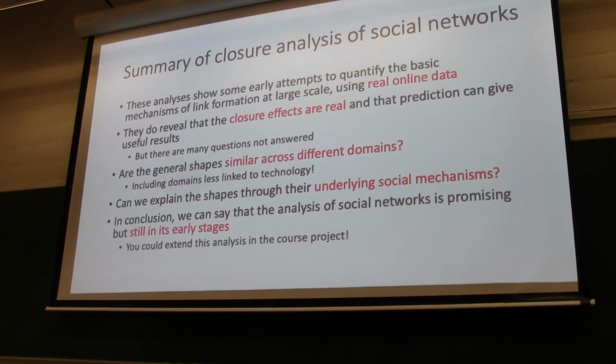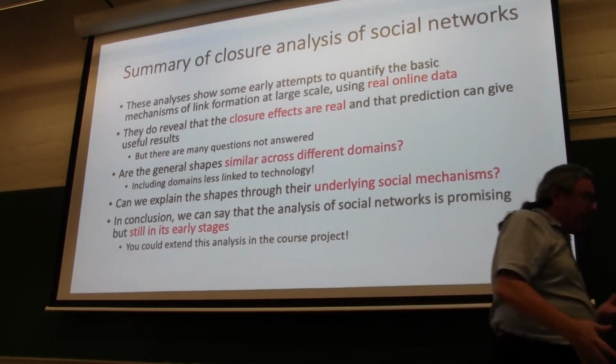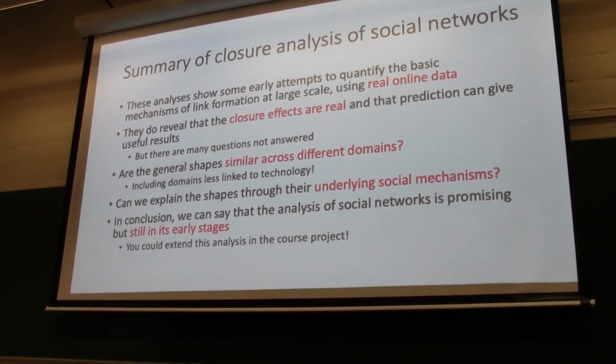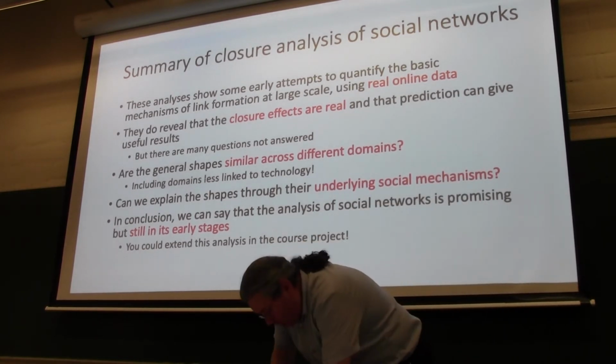Okay, so that's all the analysis of closure, how friends become friends. And we saw real studies. So closure is a real thing. It really exists. Of course, there are still a lot of questions. So the research that I'm telling you is not finished. It's ongoing.